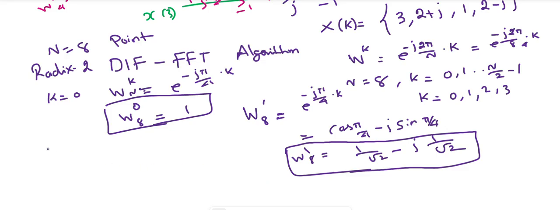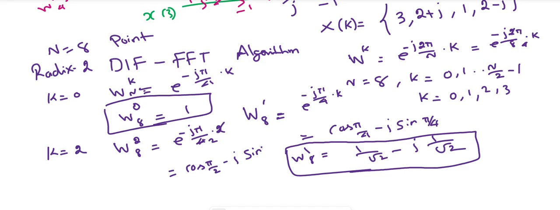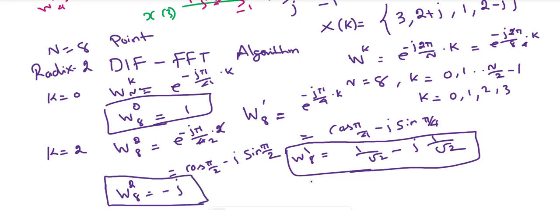W_8^2, k is equal to 2, so W_8^2 is equal to e^(-jπ/4 × 2), so e^(-jπ/2), so cos π/2 minus j sin π/2, so W_8^2 equal to minus j. This we already derived for decimation in time also, the same only.